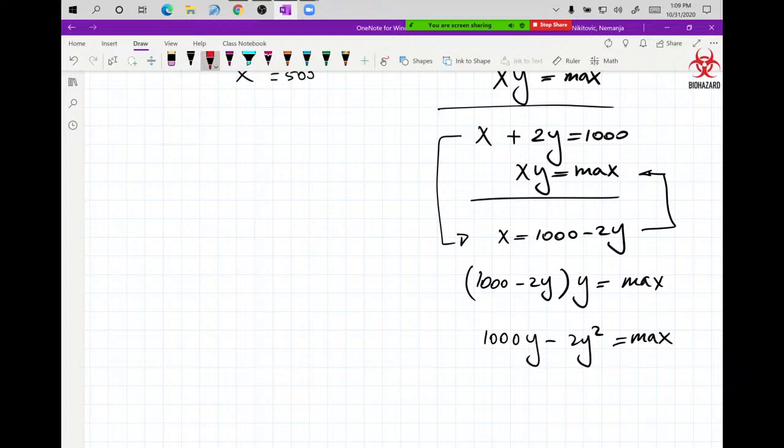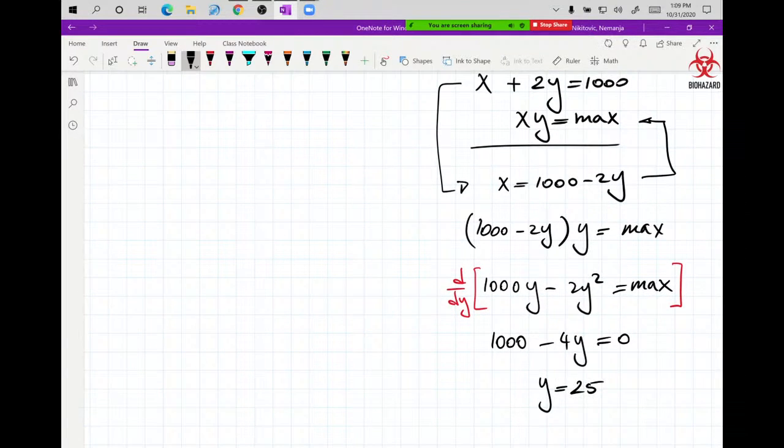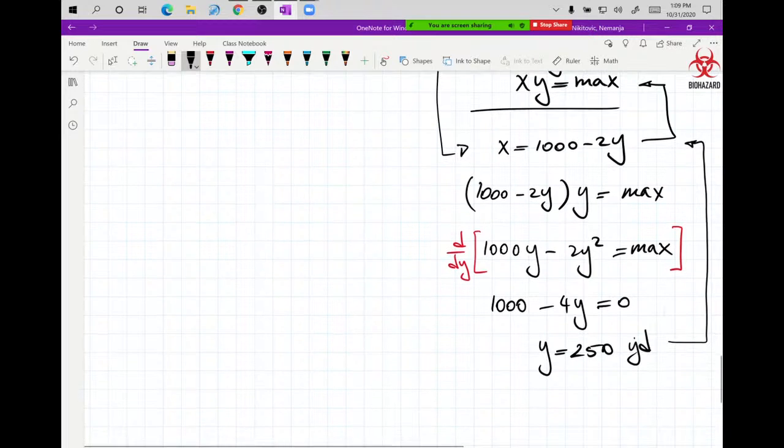And hit this with the derivative with respect to y to find the max. So that's 1000 minus 4y equals 0. And there is the y of 250. Nice. So now you take that and stuff it in your equation for x.